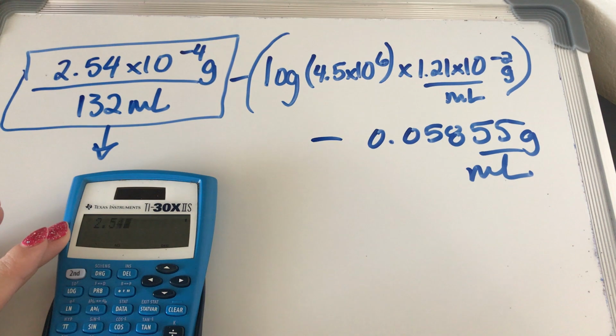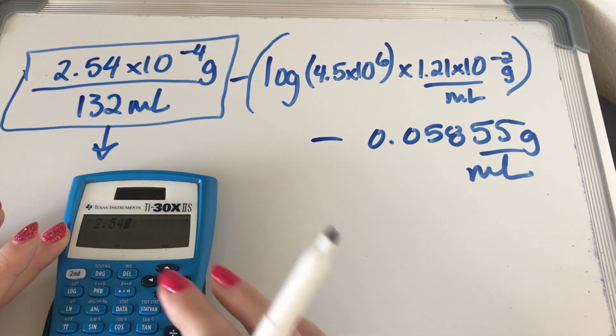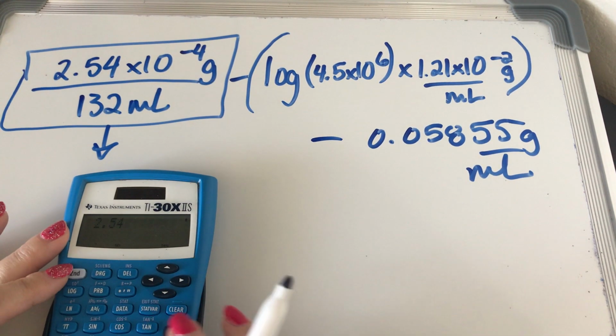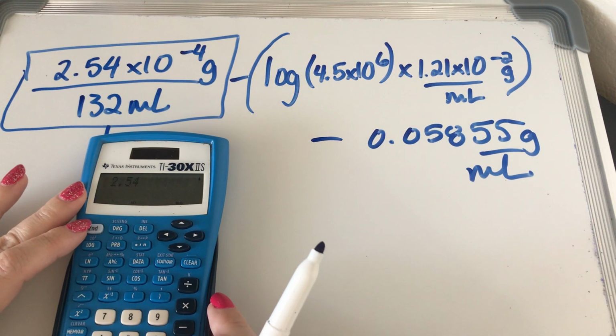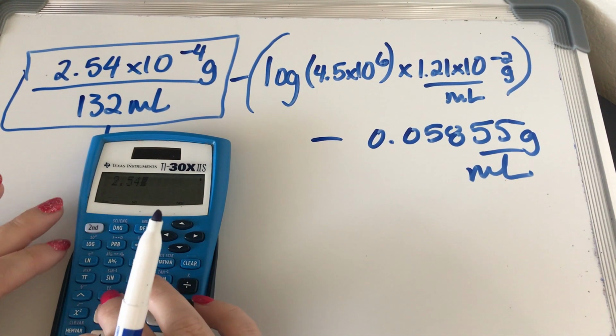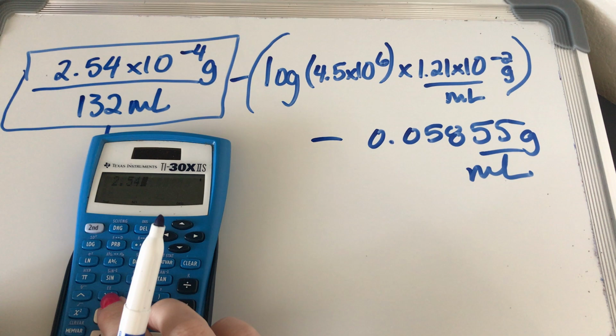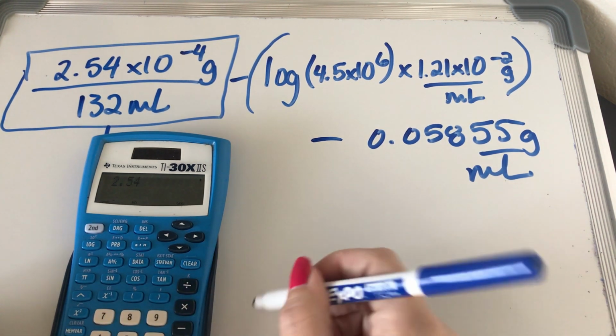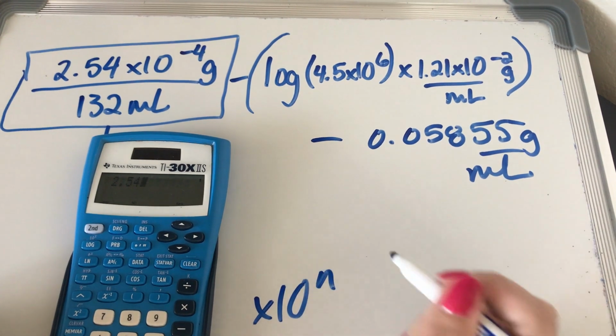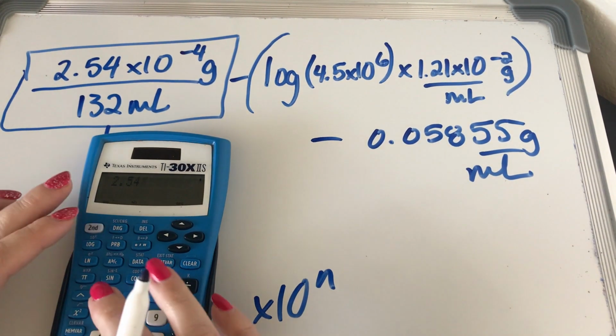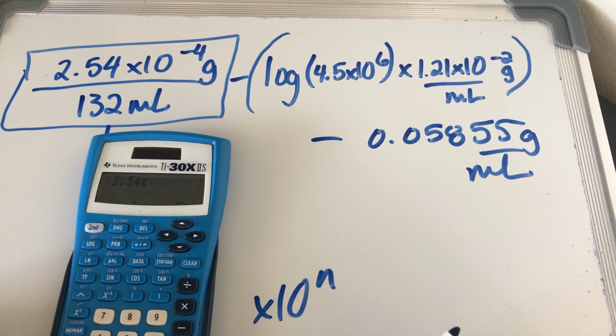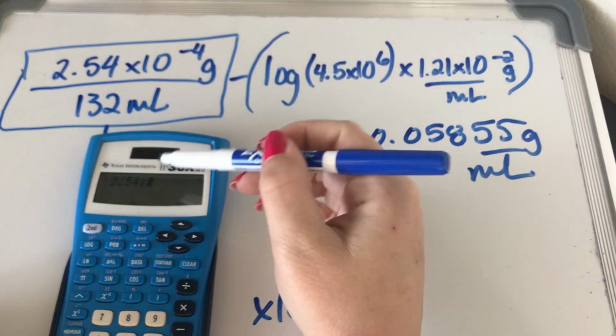So 2.54, and then I go secondary. Sorry, move up here. Second, and I have the EE function is what I'm using on this calculator. Again, for some of you, it may be something different. When I put in my EE, it gives me a little E here.